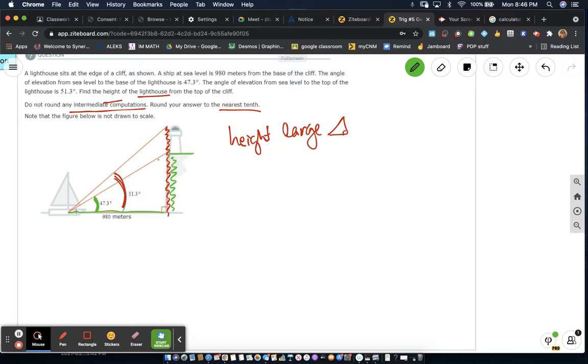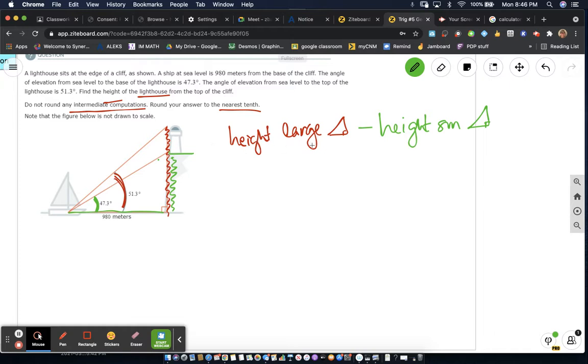So we're going to go minus the height of the smaller triangle. When you are having trouble with word problems, it's often very helpful to write actual words of how you plan to do this.